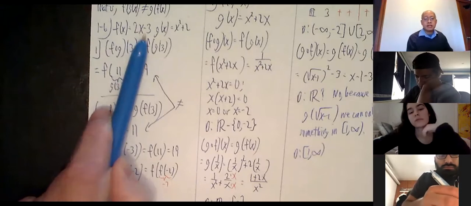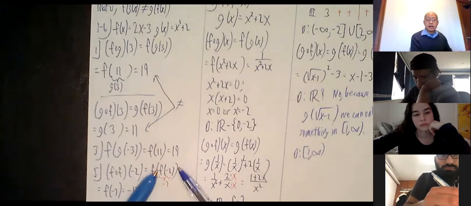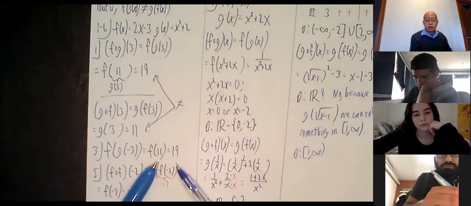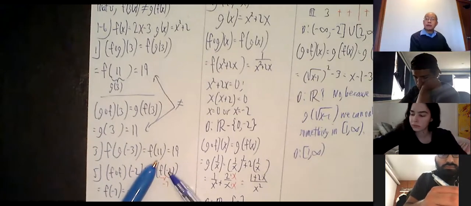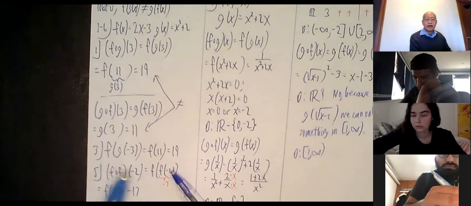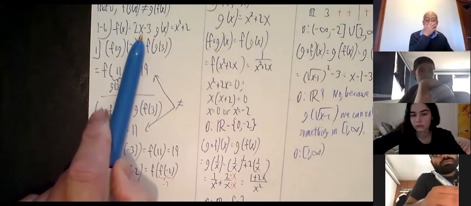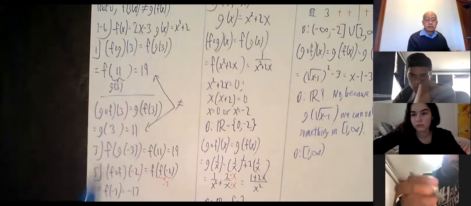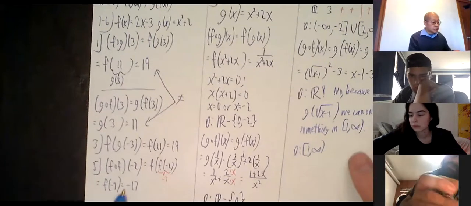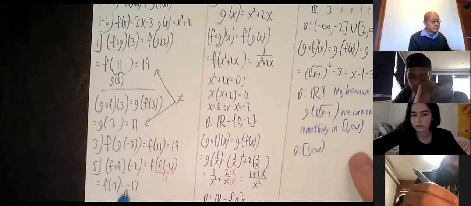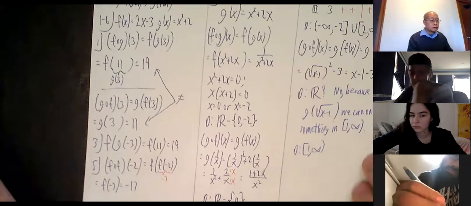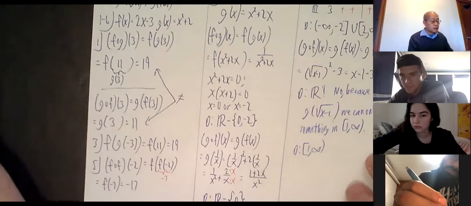Negative 4 minus 3 is negative 7. So this thing in here is now negative 7. I now apply that negative 7 back to the same function, since it's f. 2 times negative 7 is negative 14. Negative 14 minus 3 is negative 17. So the answer is negative 17 this time. That's the way that one works.